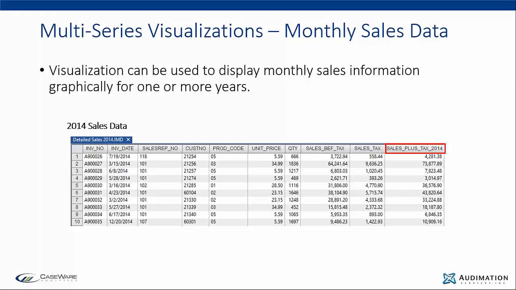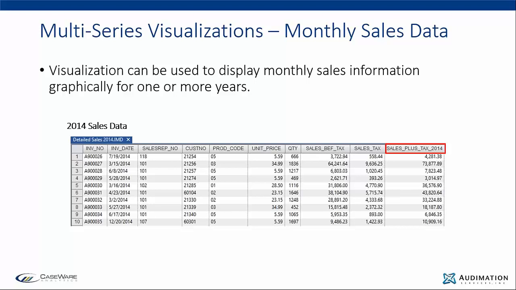Before we can append these two databases, we need to prep the two sales files by creating a new field for each database and giving it the name Sales Plus Tax 2014 and Sales Plus Tax 2015. It almost seems like I'm creating a redundancy, but I want to be able to apply this dashboard seamlessly in future periods, and I don't want to be changing the names of the native fields.